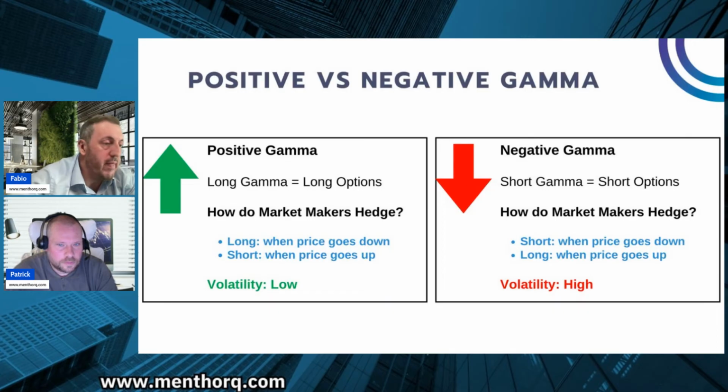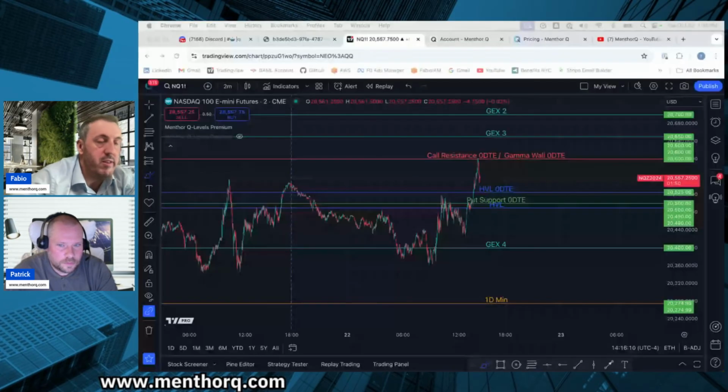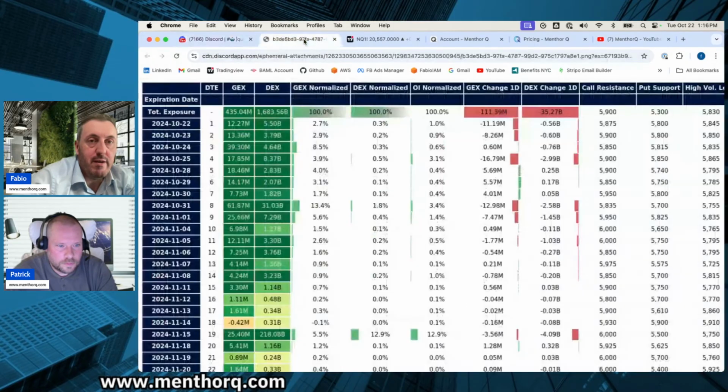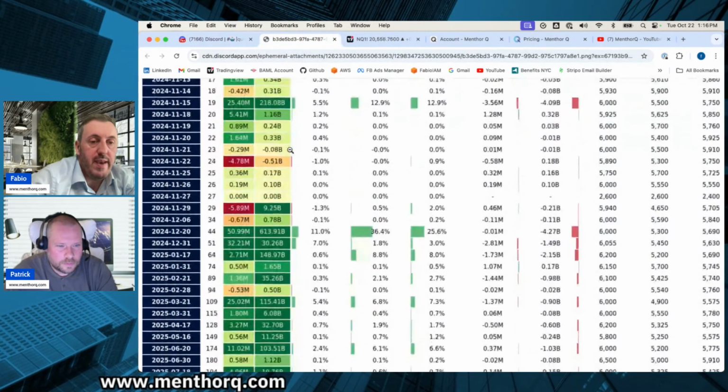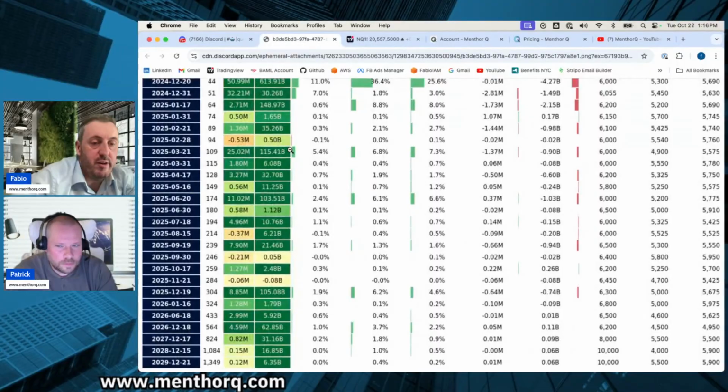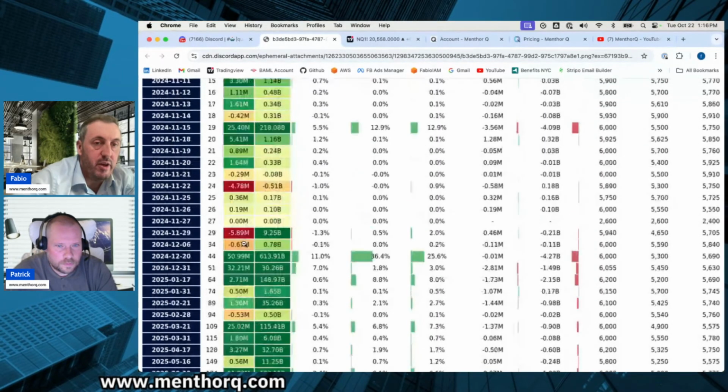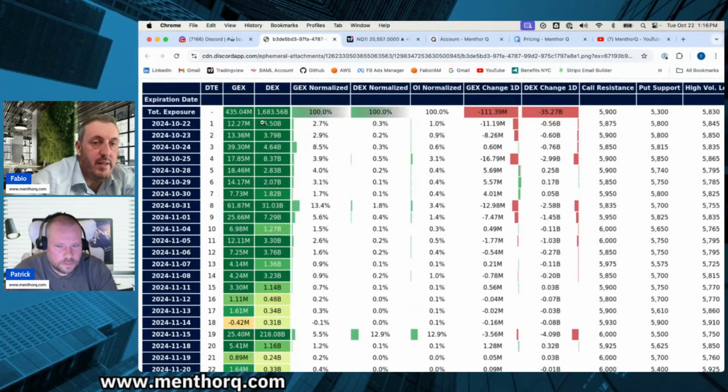And the way we look at that, we have created models. If we go into our matrix right here, we take all the expiration dates going all the way through 2029 in this case, and we calculate the net gamma exposure right here, GEX, and we show you if it's positive or negative.